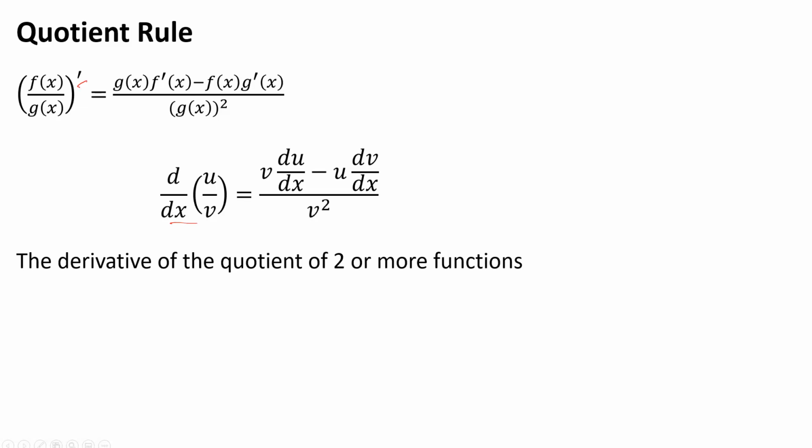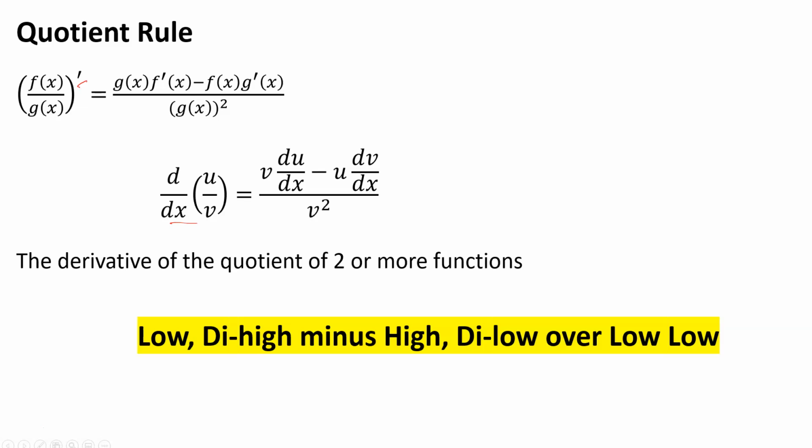And the way to remember this, and I saw this on another YouTuber, and I realized it was actually a very clever mnemonic device, is: low d high minus high d low over low low. So let's look at it this way. You've got low, meaning the denominator, the lower portion of the quotient.